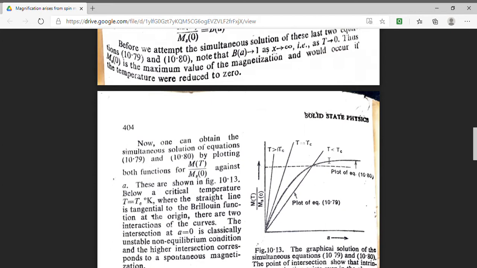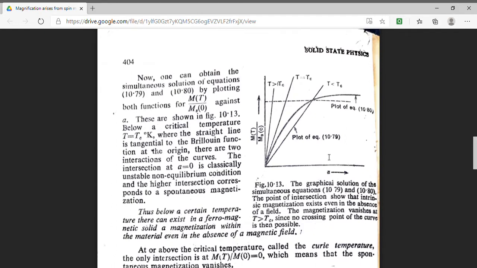Here Tc is the critical temperature. From the intersection method, we have shown that magnetization exists in a ferromagnetic material when T is less than Tc. This Tc is termed the Curie temperature.